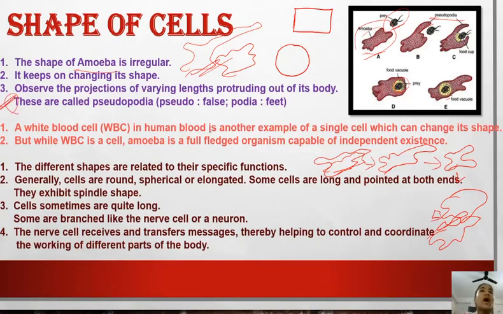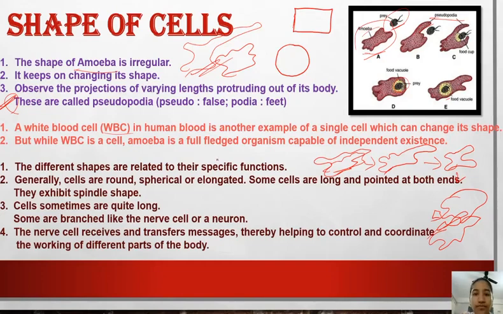The second is a white blood cell, or WBC, in human blood, another example of a single cell which can change its shape. Do you know what the work of white blood cells is in our body?